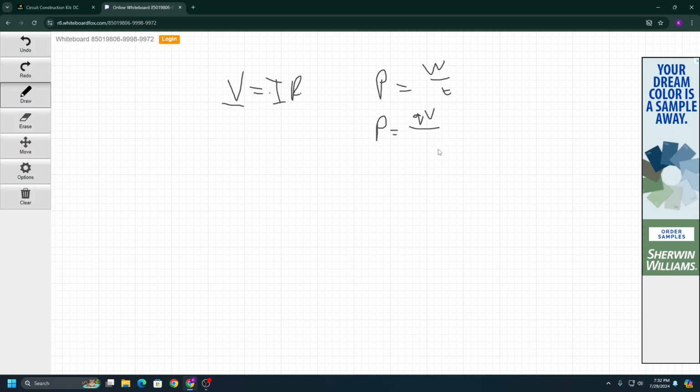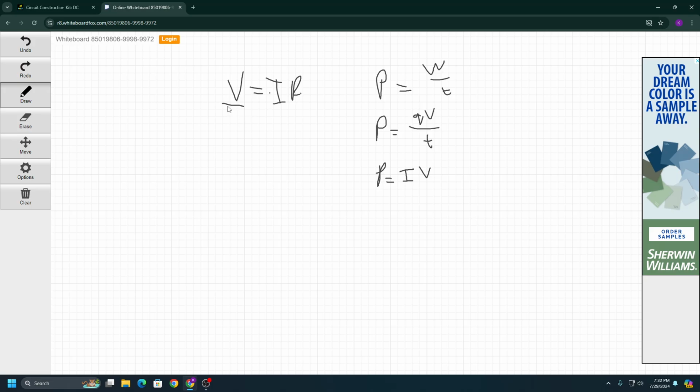That's the amount of energy that each of these light bulbs is essentially using over time. So power is equal to QV over time. Wait a second, Q over t, that's our charge over time. That's our current. So power is equal to current times voltage.